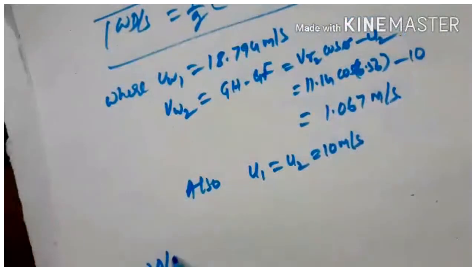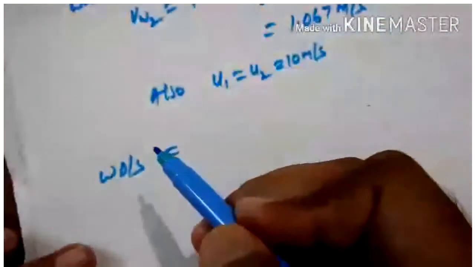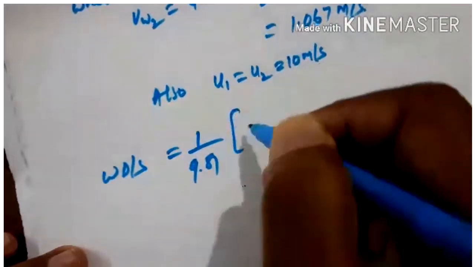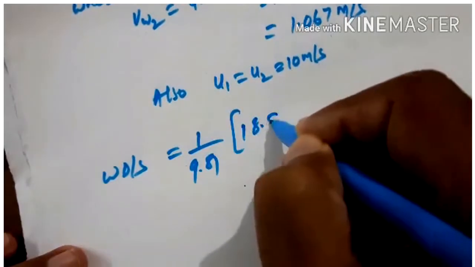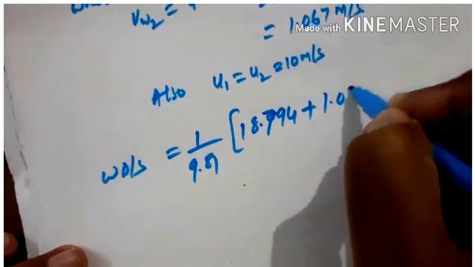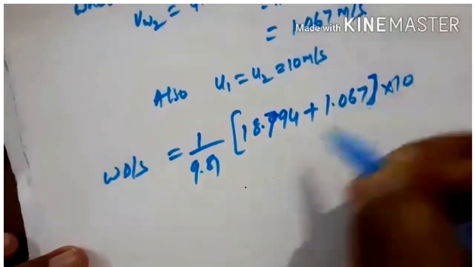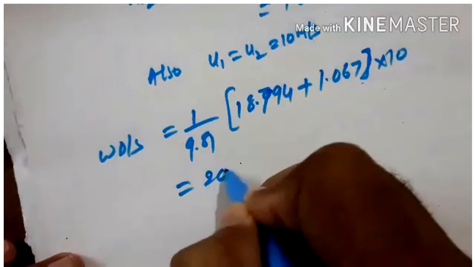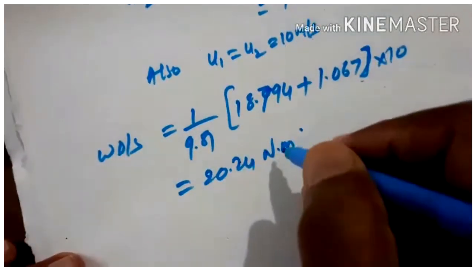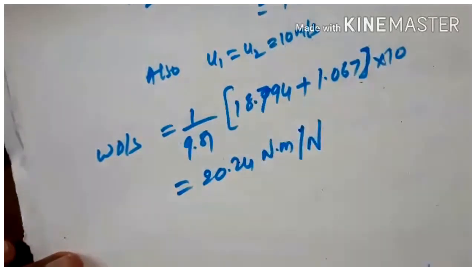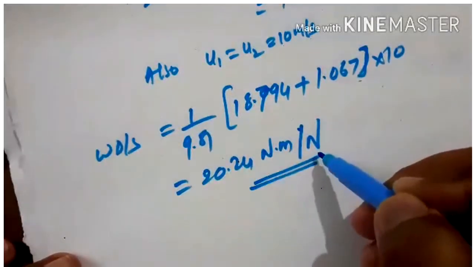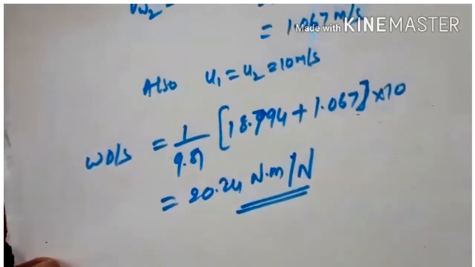Then work done per second per unit weight of fluid striking is 1 divided by 9.81 into (18.794 plus 1.067) into 10. The answer you get is 20.24 Newton meter per Newton. Per Newton means per unit weight of fluid striking. So this is the answer.